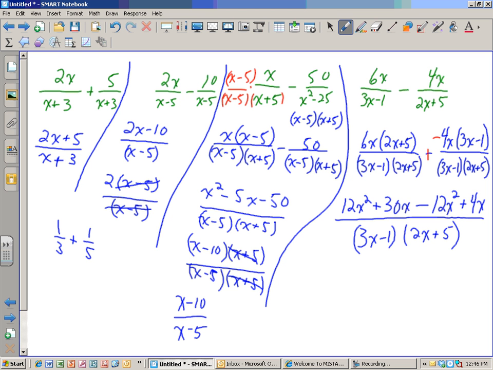So it's minus 4x times 3x and minus 4x times a minus 1. Okay? That's where we get the positive 4x at the end. Okay, and so 12x squared minus 12x squared, they cancel each other out. And I have 30x plus 4x is 34x over the common denominator, 3x minus 1, 2x plus 5.